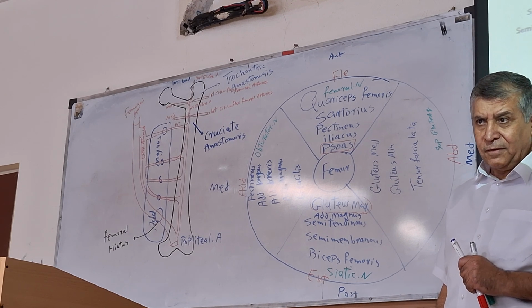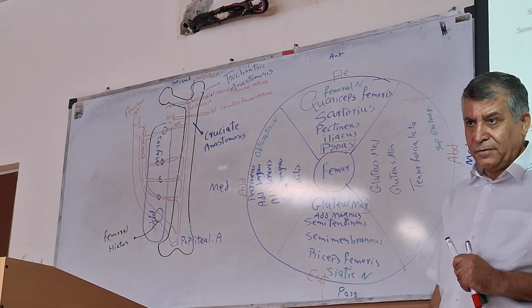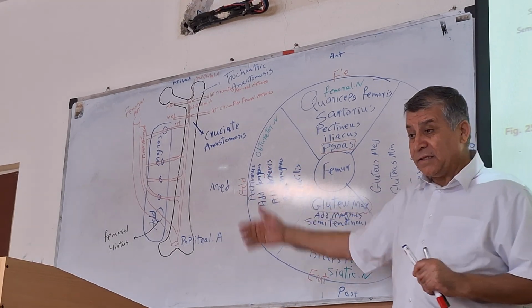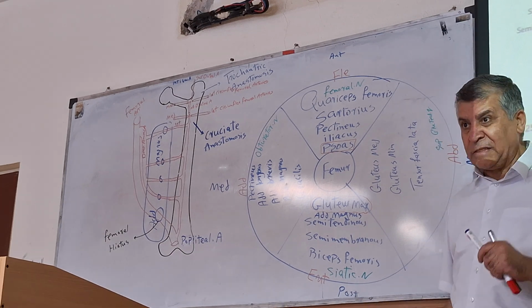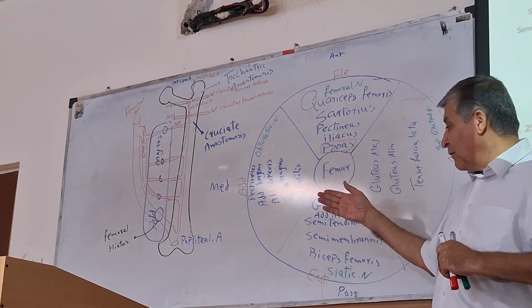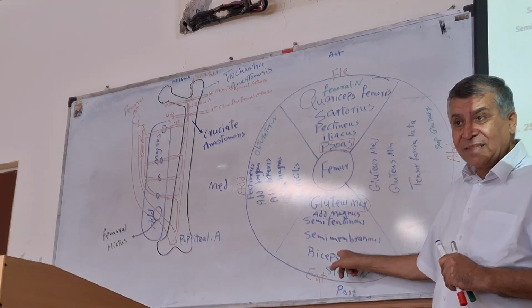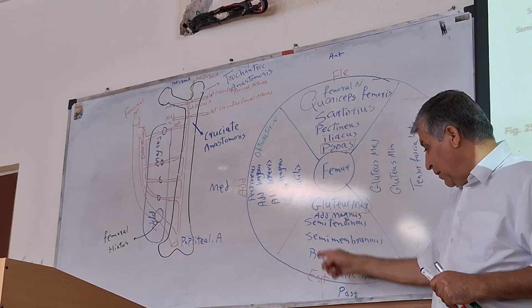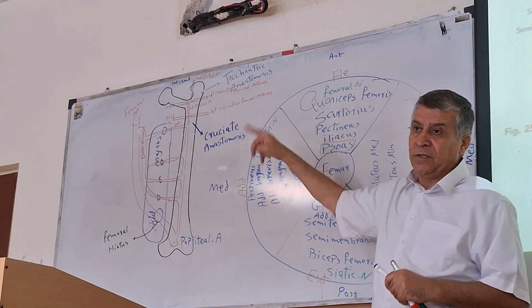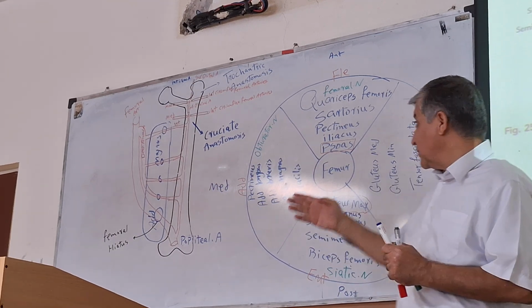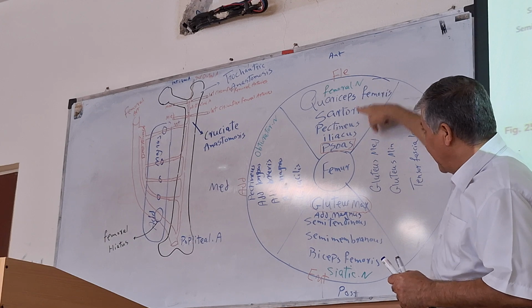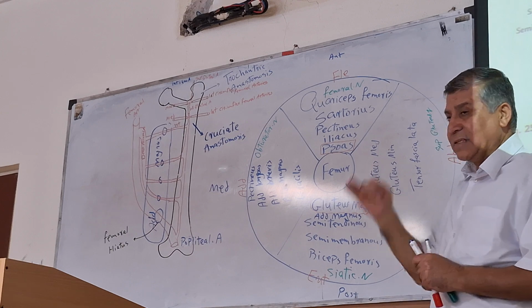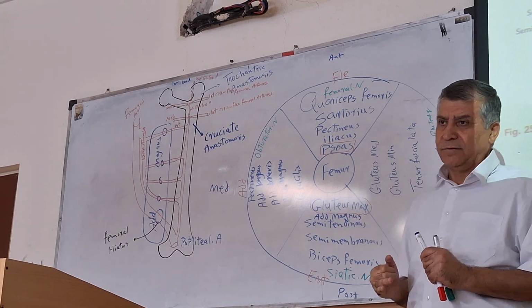Pectineus and adductor magnus each have two functions and two nerves.